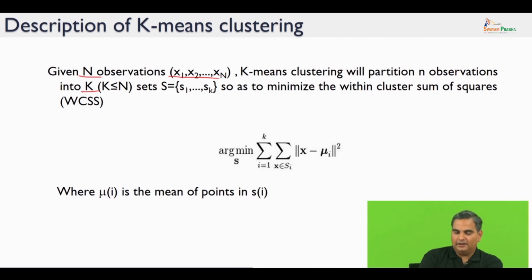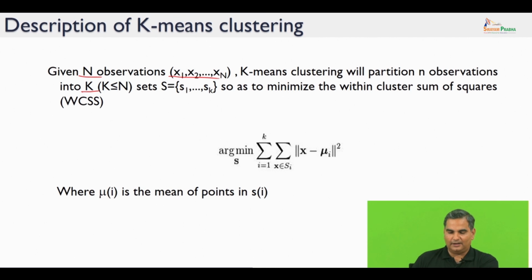What does it mean when we say we partition it into k clusters? We will generate k sets, s1 to sk, and we will say this data belongs to this set, and this data belongs to the other set, and so on.